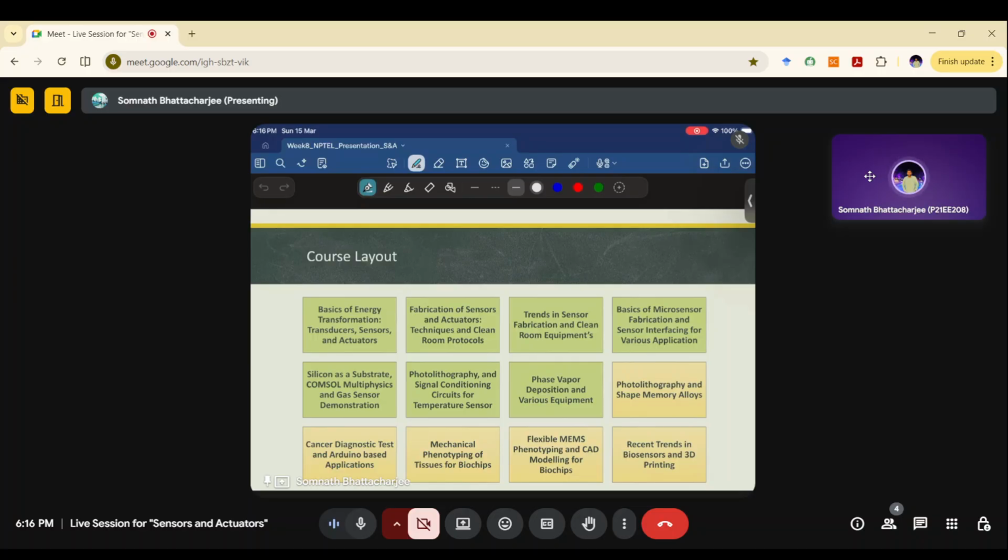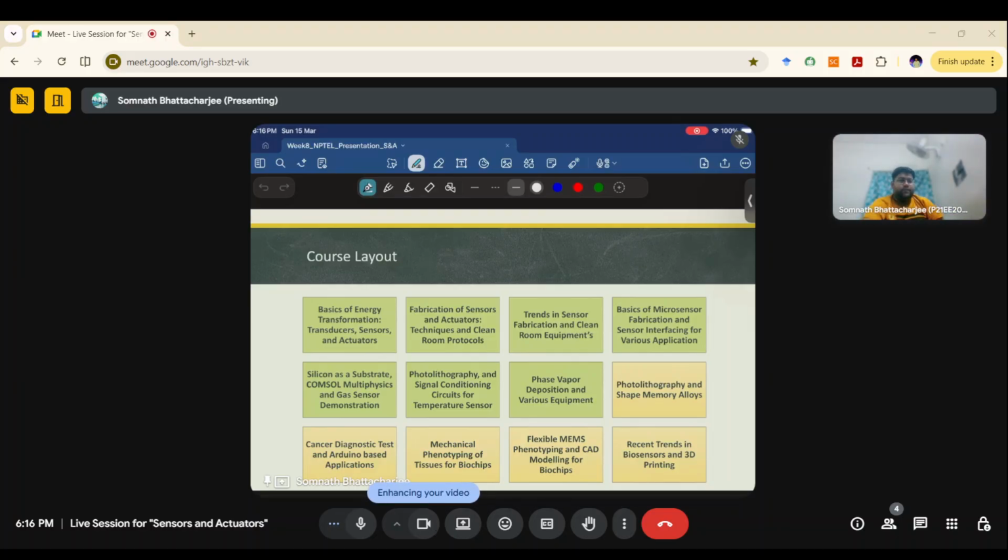And now we need to know more about photolithography, which we have already learned. As I have discussed it in a very broad spectrum, I won't be discussing it again. Oh sorry, I just forgot to start my camera.